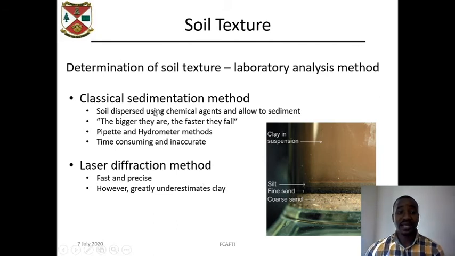Now, in this classical sedimentation method, soils are dispersed using chemical agents and allowed to sediment. This chemical agent is sodium hexametaphosphate, or calgon.